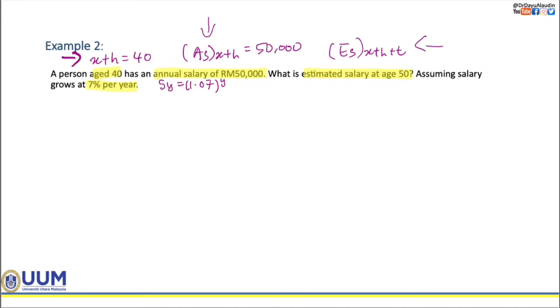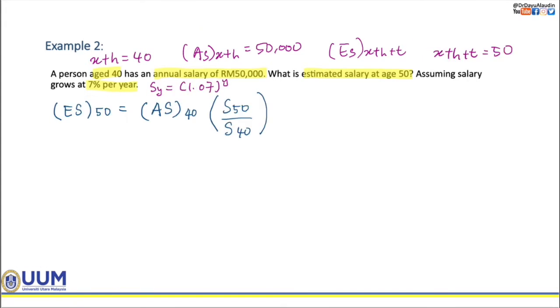So x plus h plus t is 50, using the salary scale function 7%, and this is how we write down the salary scale function. And then we use this formula.